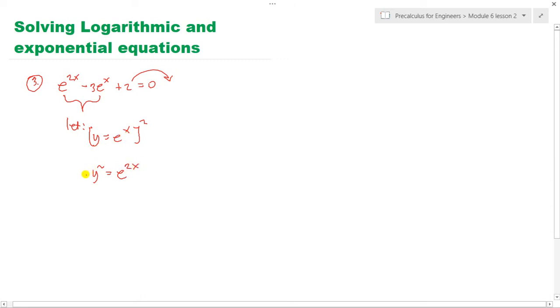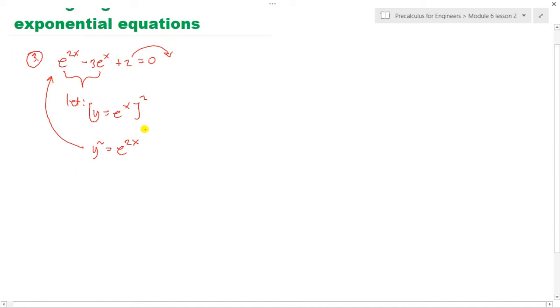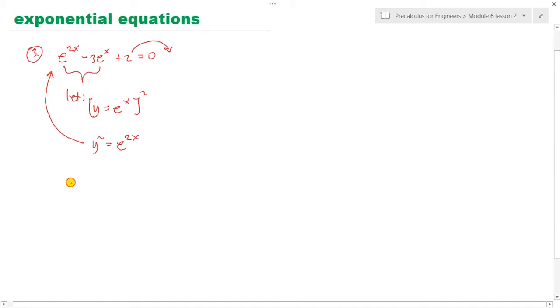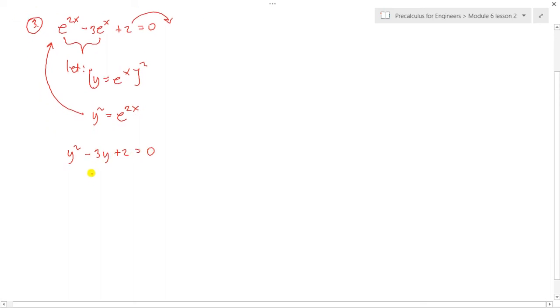Now, we substitute this into our exponential equation, so it becomes y squared minus 3 times e to the x, which is y, plus 2 is equals to 0. Now, we can solve for y, class, and after solving for y, we plug it into our let value, right? So what kind of equation do we have?